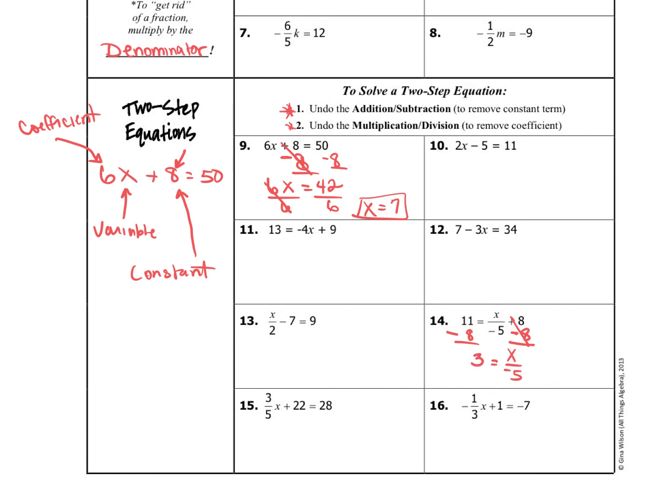Then it says to undo, we're going to multiply or divide. So this x over negative 5 is a fraction. So I'm going to multiply by the denominator. This cancels. It's negative, so we're going to multiply by negative 5. This cancels. So x is equal to negative 15. And that is your answer.